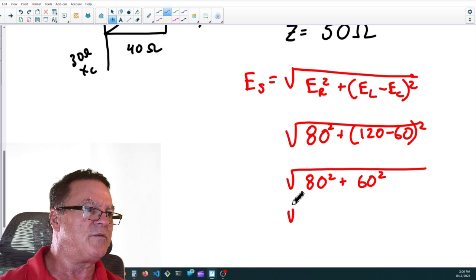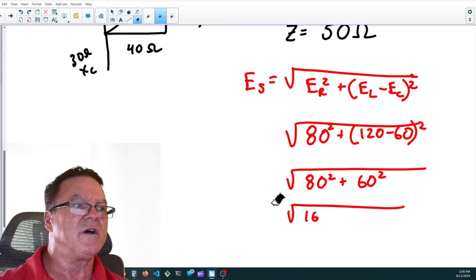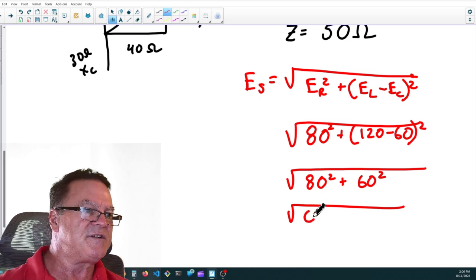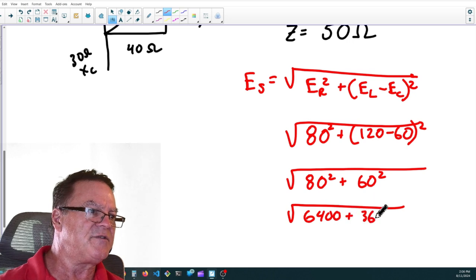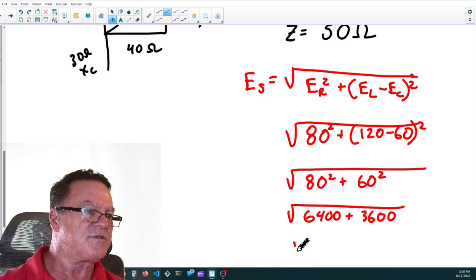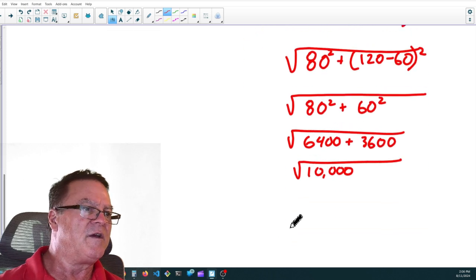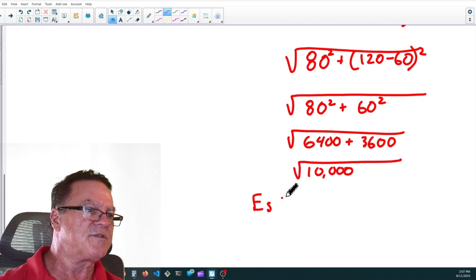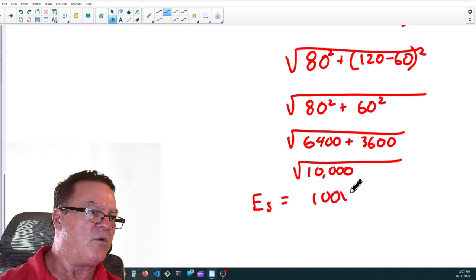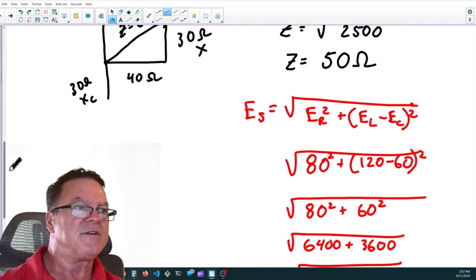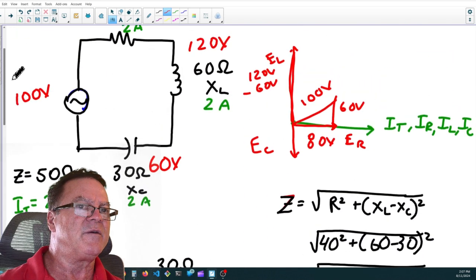So this is the square root of 6,400 plus 3,600 equals the square root of 10,000. So my E source equals 100 volts. That works. So there it is in Pythagorean theorem form.